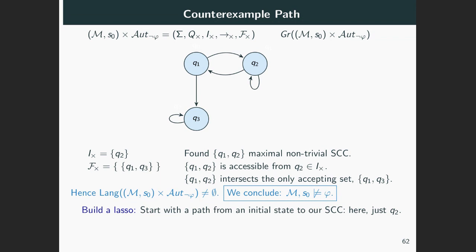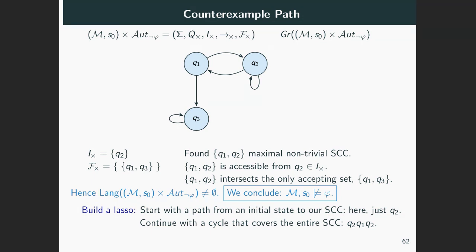Remember from the previous lemma that from the strongly connected component, we can produce an accepting lasso. It essentially contains information about an accepting lasso. The lasso starts with a path from the initial state to our strongly connected component, here just the singleton path Q2, and continues with a cycle that covers our entire strongly connected component.